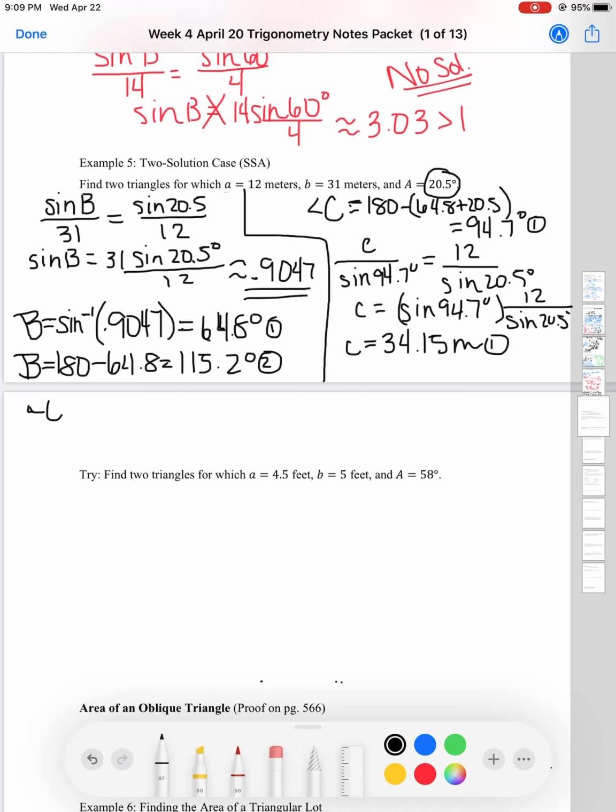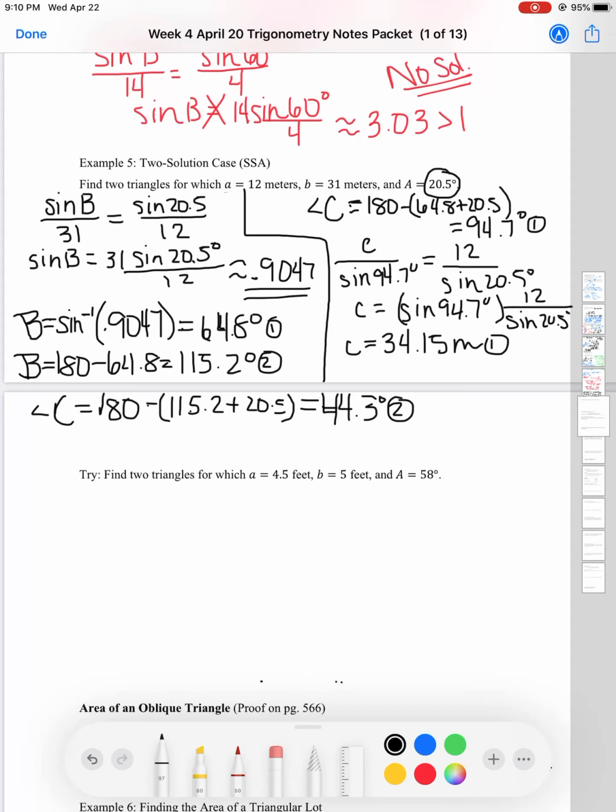Now for our second angle C, which I'm going to do down here, it would be 180 minus 115.2 plus 20.5, which would be 44.3 degrees. Okay, so that's our second angle C. So we have two possible triangles.